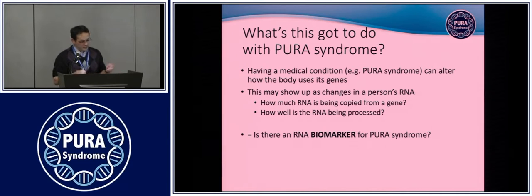So some biomarker, and we feel this would be really nice if we could do this in PURA because first it might help us to understand the disease, and also, hopefully, when we come to a time when we can have some sort of treatment effect, you could also potentially measure this and say, oh, this is getting better, therefore this is working. So there's many nice reasons to try and work out what is a biomarker, and RNA might be one option.